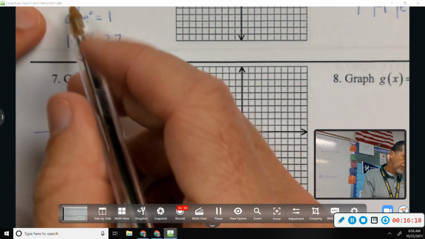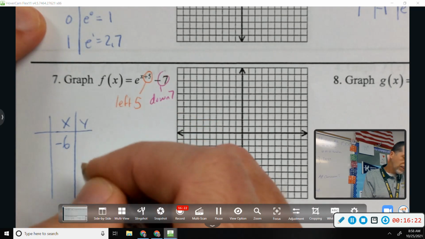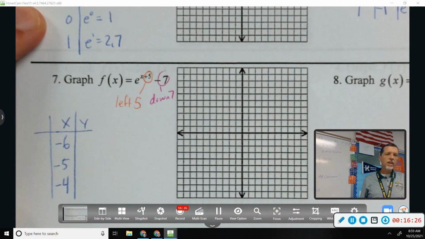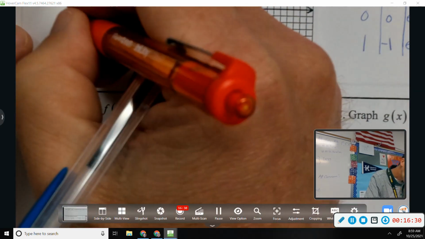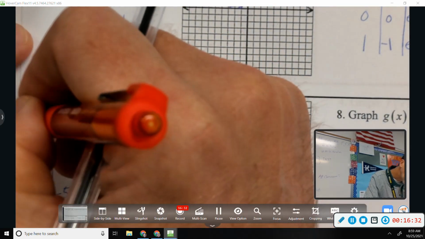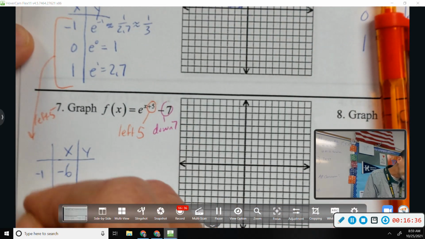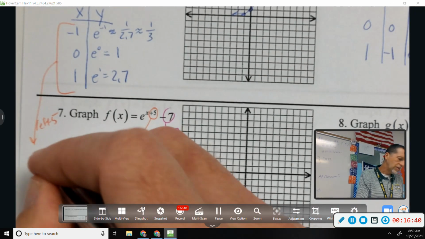Left 5 would be -6, -5, and -4. But that also makes the exponent -1, 0, 1. So you can think of it two different ways.